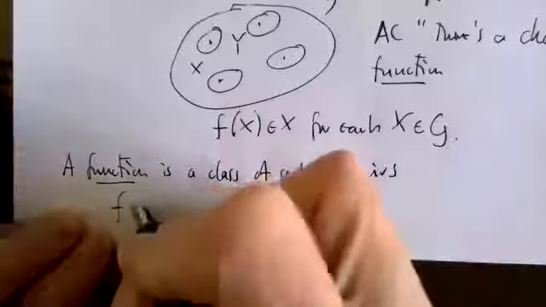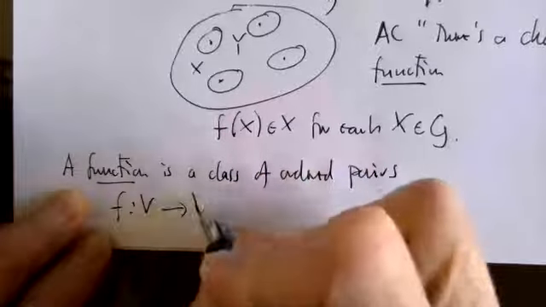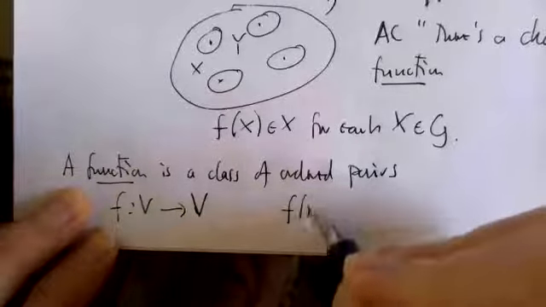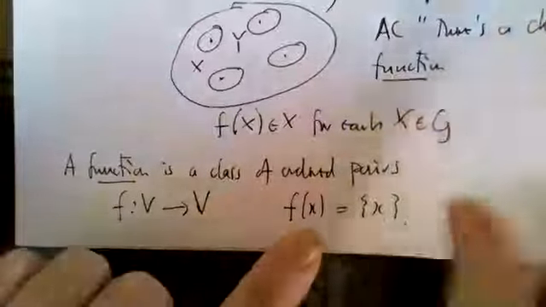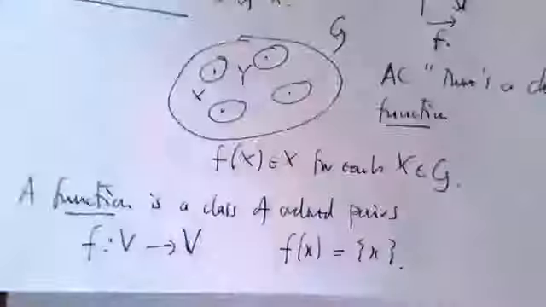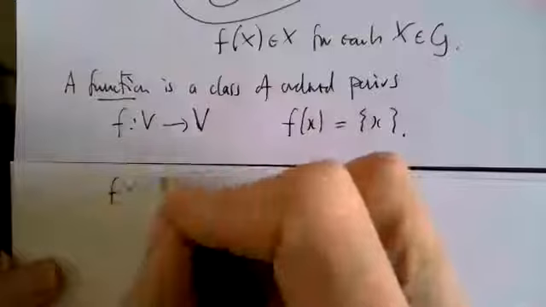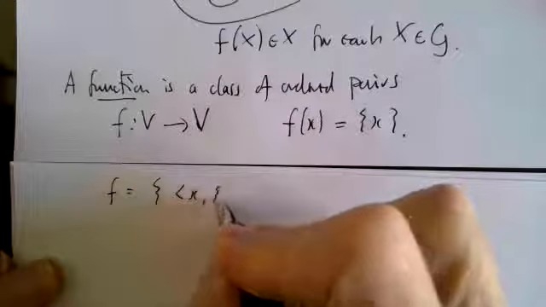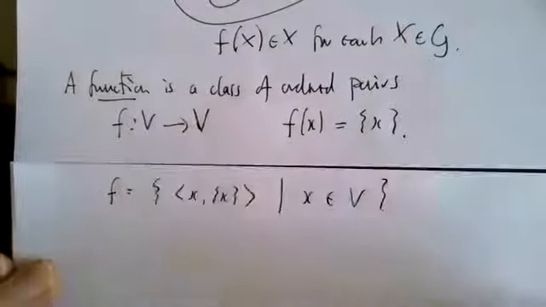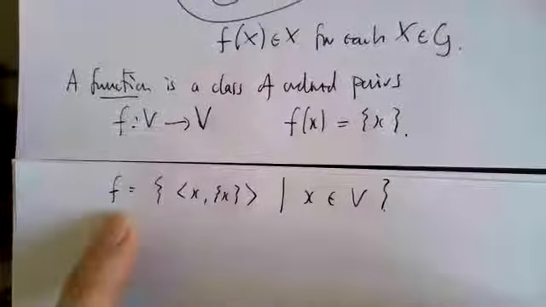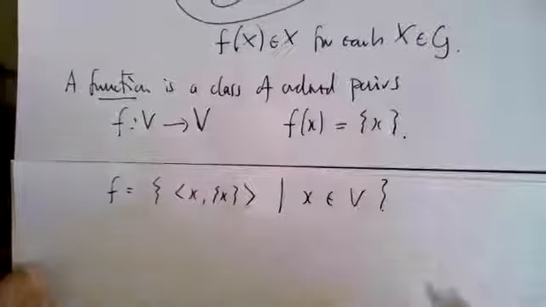We may have a function that goes from V to V. For example, the function that sends X to the singleton of X. That's defined on all sets X. So in that case, the function F is this class, for any X in V. So it's a proper class of ordered pairs. So in this case, the function is a class.